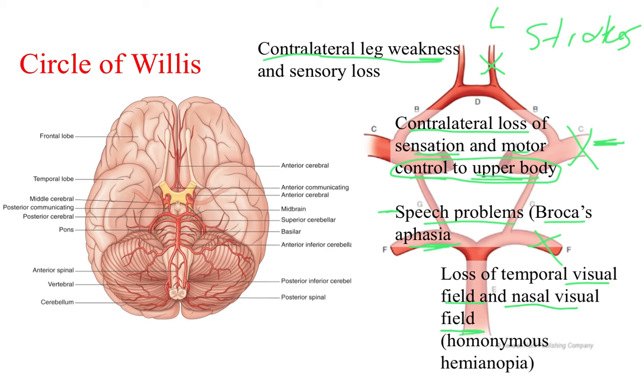We'll talk more about that when we get to the eyes, why that would be affected, because I don't have a picture of it right now. We call that homonymous hemianopia. And I guess I could show it.